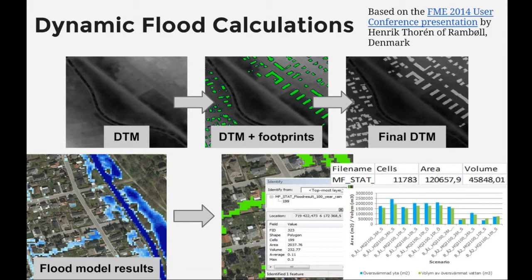Henrik then uses his flood modeling tools to model the various flood scenarios that he wants to put together. In his second use of FME, he's taking the output of the flood models into FME, and those are coming out as grids or rasters, and then calculating different characteristics of the flood results, such as the area of the flooding, volume of water involved, and also various statistics from the results of the flooding model.